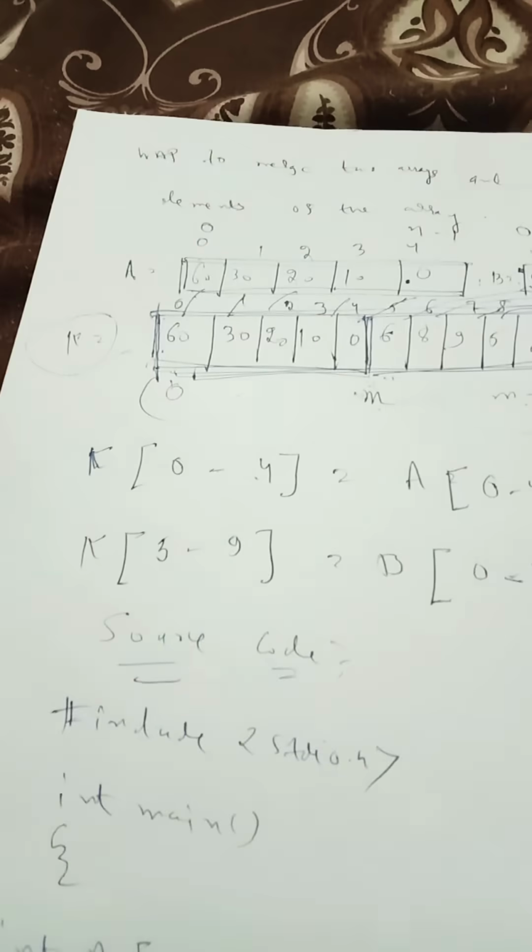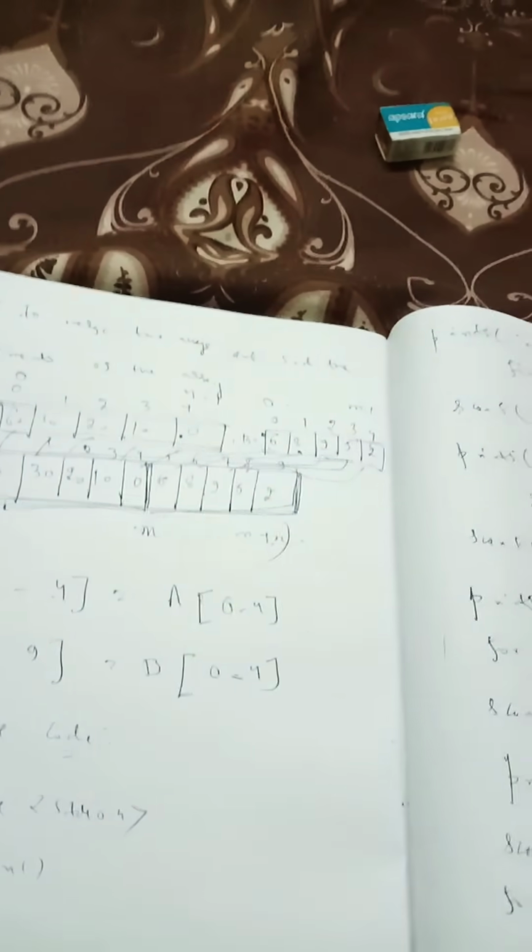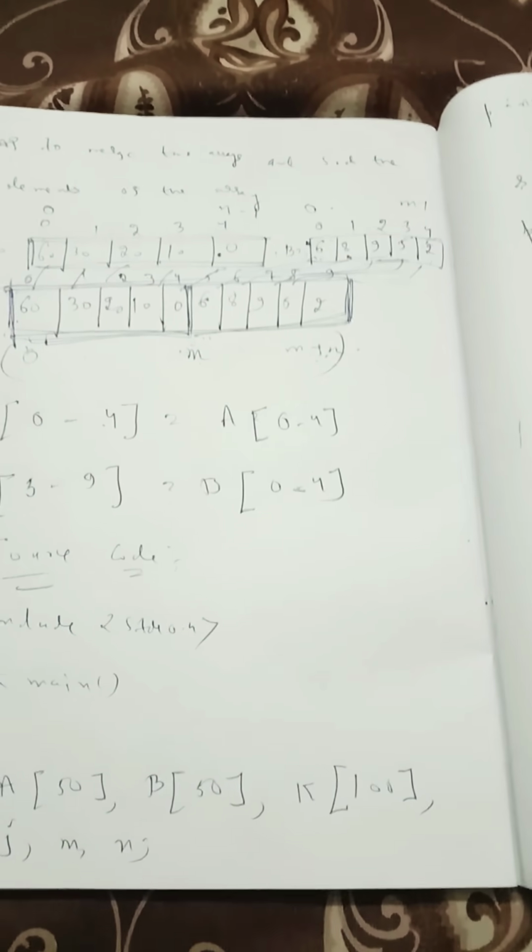Like this, we merge the two arrays into one array, and then we sort the array using bubble sort, and that is how we can merge two arrays into one array. So this is the whole concept of coding the program, and I hope you understood the concept.